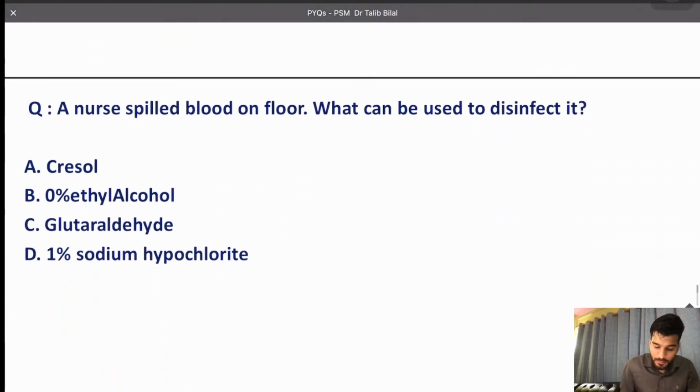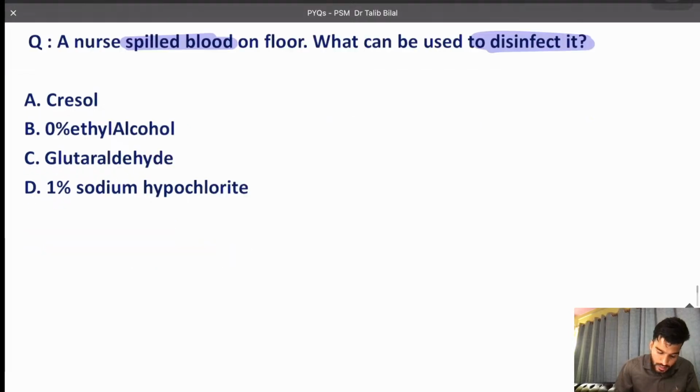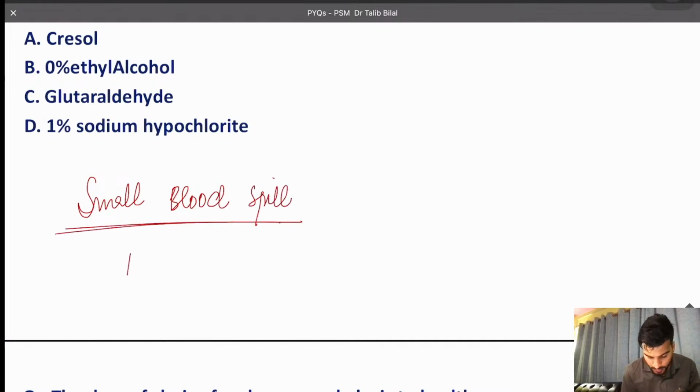A nurse spills blood on the floor. What can be used to disinfect it? Cresol, ethyl alcohol, glyceraldehyde, or 1% sodium hypochlorite. Remember, if it is a small blood spill, your answer is going to be 1% sodium hypochlorite.